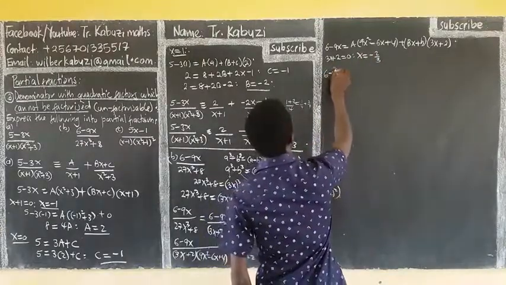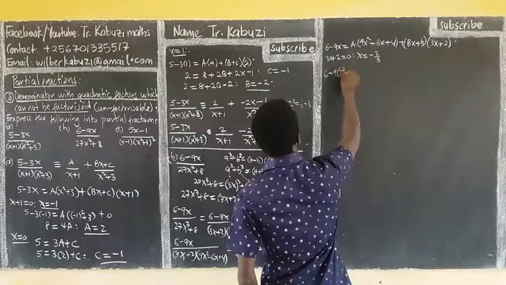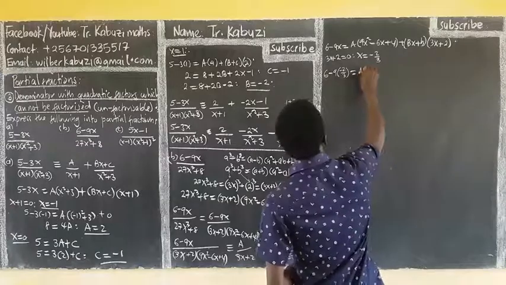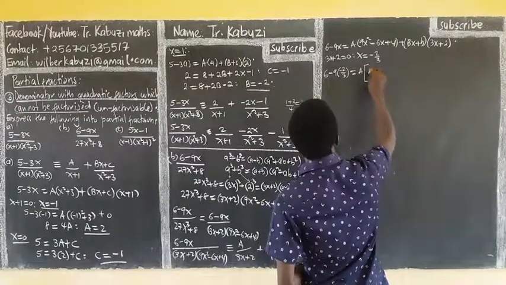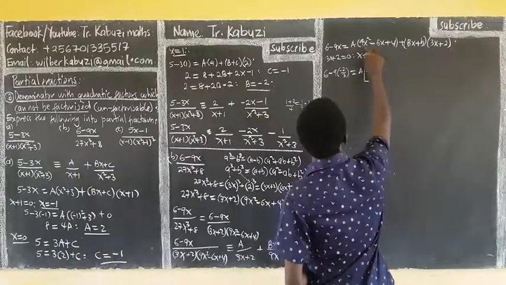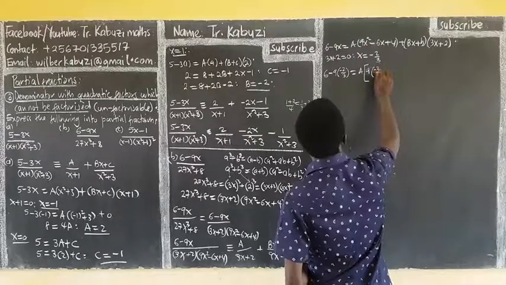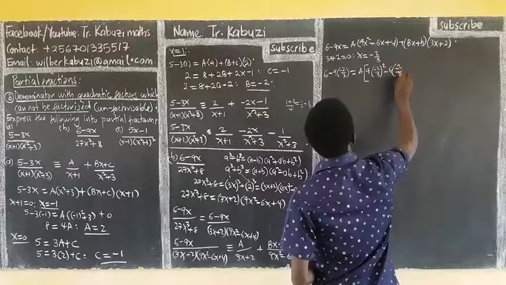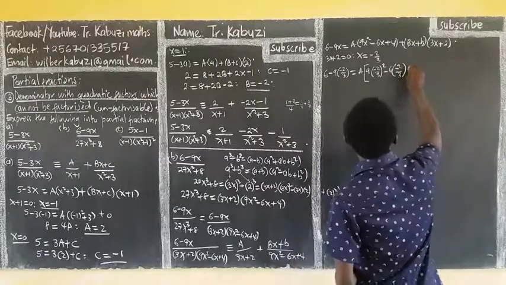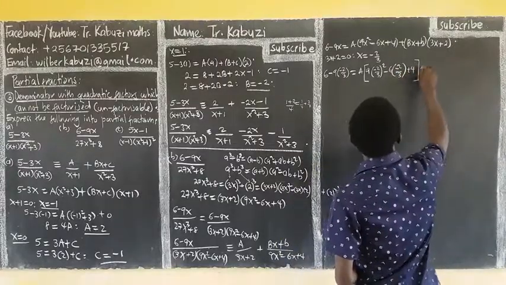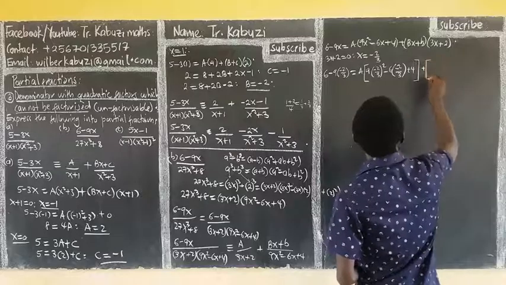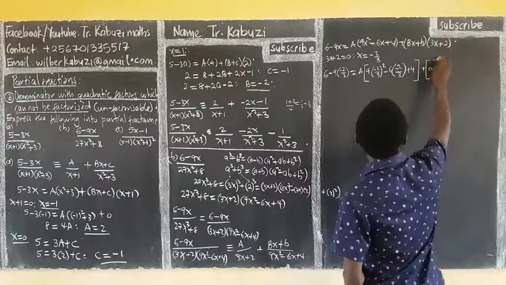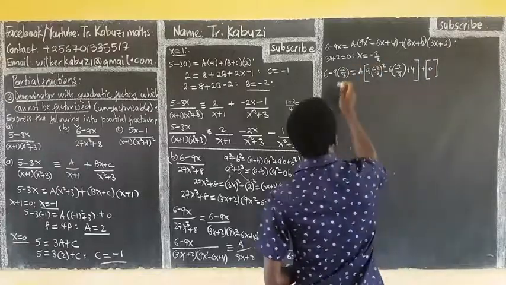You have 6 minus 9 into negative 2 over 3 equal to A into big brackets, you have 9 into x squared minus 6 into x, then plus 4, then plus my B, but the whole of this is going to be 0 because this is 0.